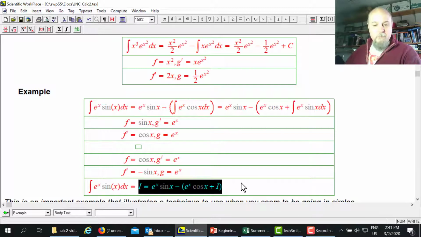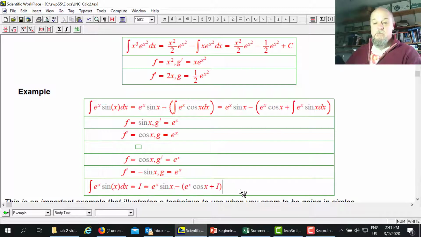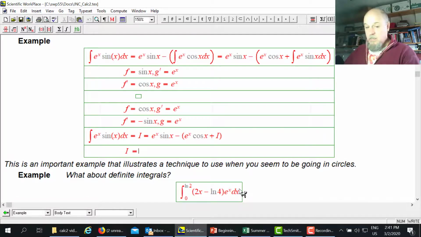This equation, I just want to solve that for I. I equals, if I multiply this minus sign through that bracket, that's going to be minus I. So I equals e to the x sine x minus e to the x cos x minus I. I can bring that I over to the other side.